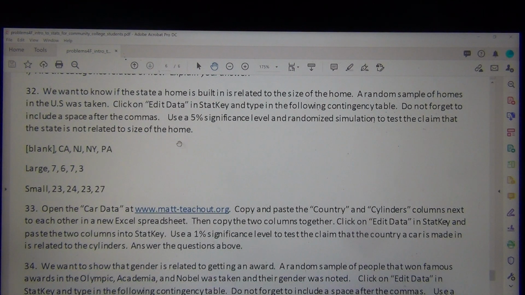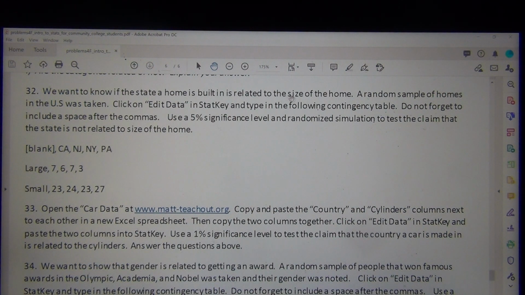Okay. So I think this might actually be a preloaded data set, but we may have to type it in if it's not. So we're using StatKey to do a randomized simulation. It looks like they've classified the size of the home as either large or small.